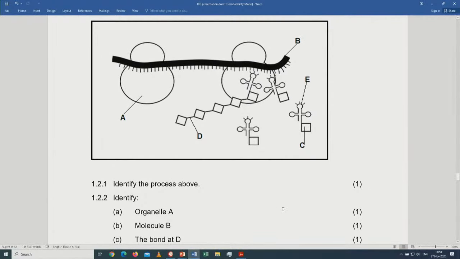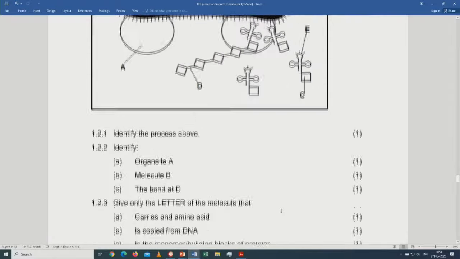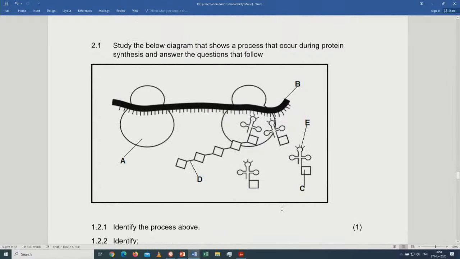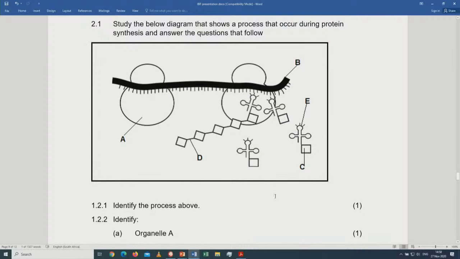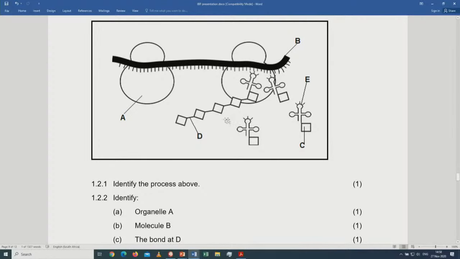Now let's look at this question, which is based on a process that occurs in protein synthesis. Since we see there are ribosomes and tRNA molecules, we can immediately indicate that this is translation. Looking at the question, identify the process: translation.